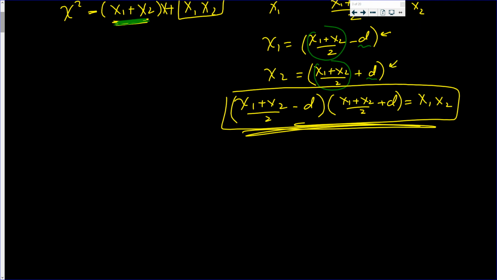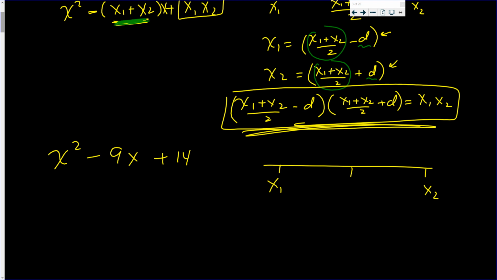So let us look at a concrete example. Suppose you have x squared minus 9x plus 14. You have x1 here and x2 here. Well, that's the coefficient in front of x after the minus sign. So the average will be 9 over 2. So x1 will be 9 over 2 minus d.